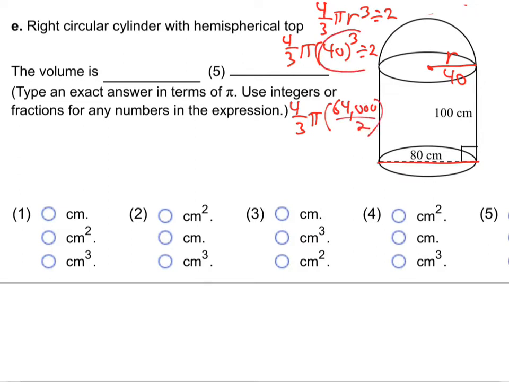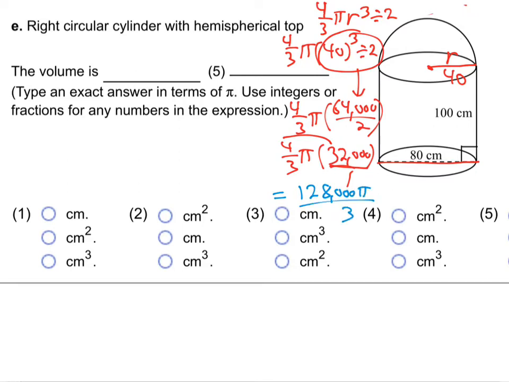So I just did 40 cubed and divided by 2. So that's going to be 4/3 pi times 32,000, and this is over 1. So multiply 4 times 32,000. That will equal 128,000 pi over 3. So that's the volume of the half dome top.